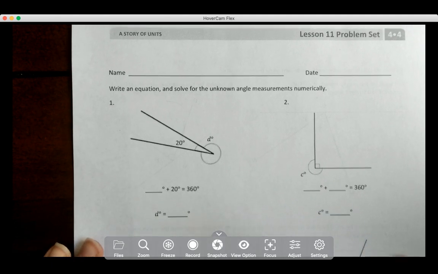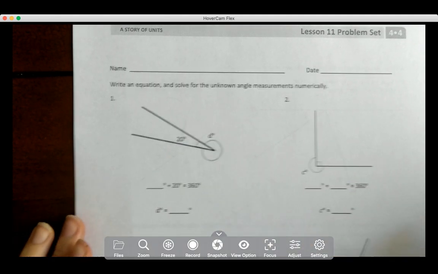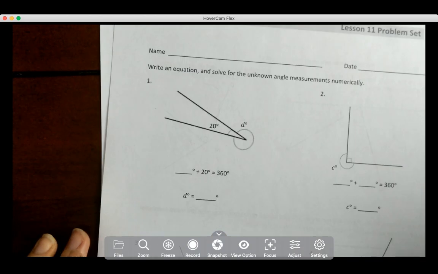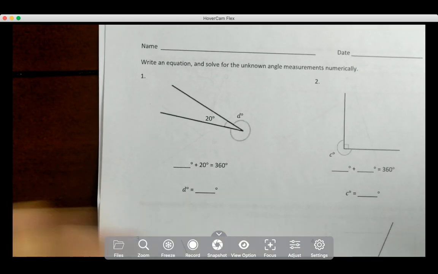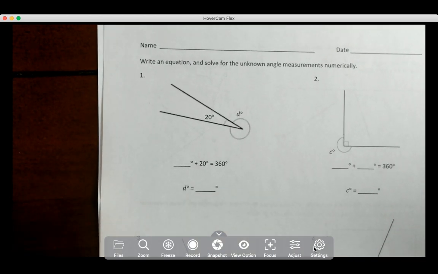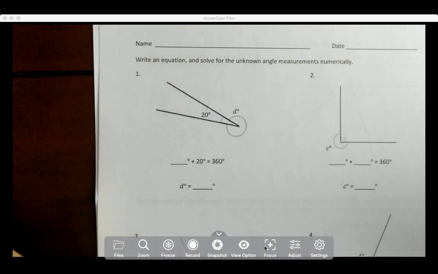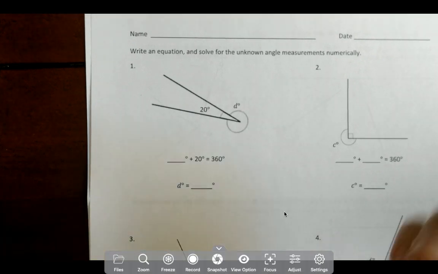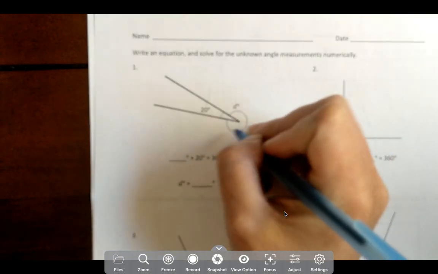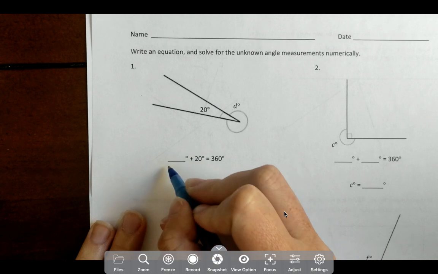From yesterday's lesson, we are trying to find missing angles. For number 1, they gave us 20 degrees, and we're trying to find D. So how do we find a missing angle?